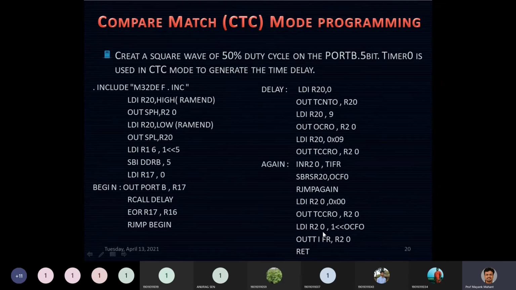That means we clear the flag by loading the value 1 in your TIFR register at the location of OCF0. This is how you can use your timer 0 in CTC mode and normal mode.